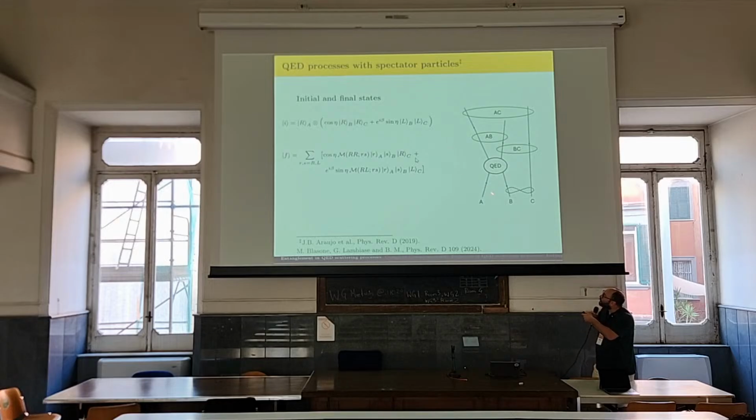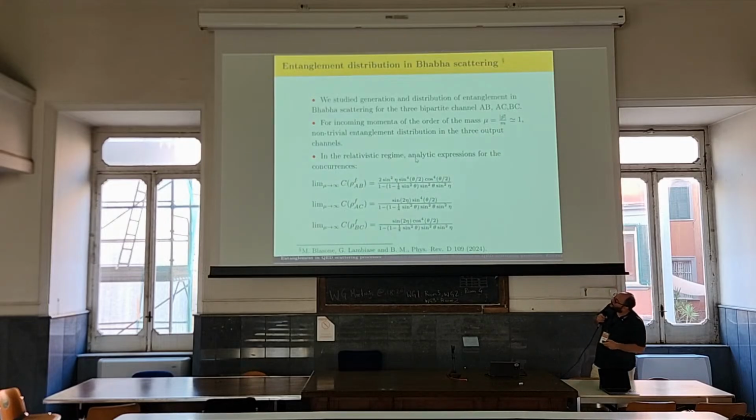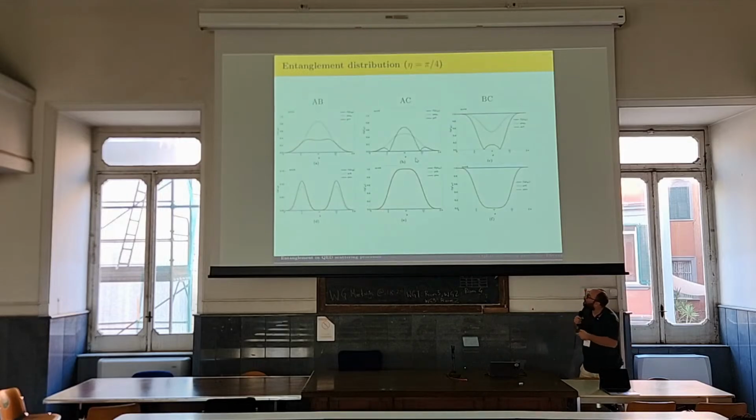Here we have two particles, electron and positron, Bhabha scattering, in which one of the incoming particles is initially entangled with another one that does not participate directly in the scattering, a spectator particle. And we have calculated concurrence in this context between the three bipartitions that we get after scattering. And that is what we have.